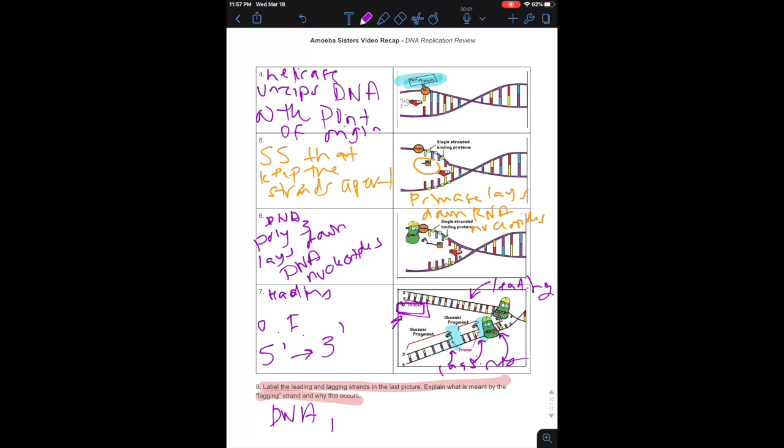DNA polymerase 3 is building the daughter strand in the opposite direction of the way that helicase is unzipping the DNA. So that's what leads to the creation of the Okazaki fragments. And why does it occur? Again, it occurs because DNA polymerase can only build in the 5' to 3' direction.